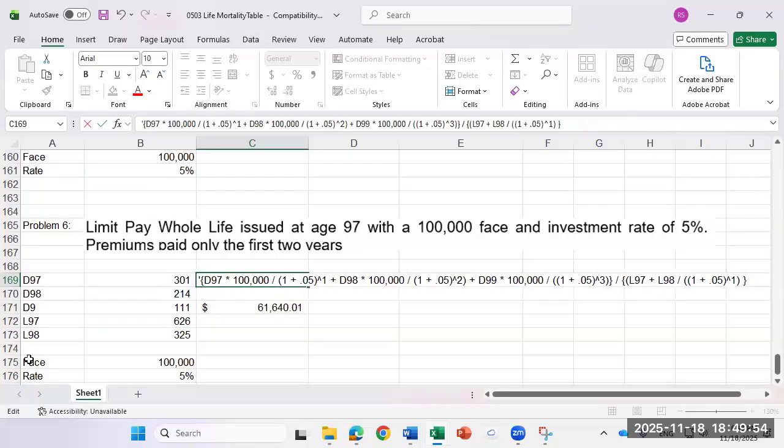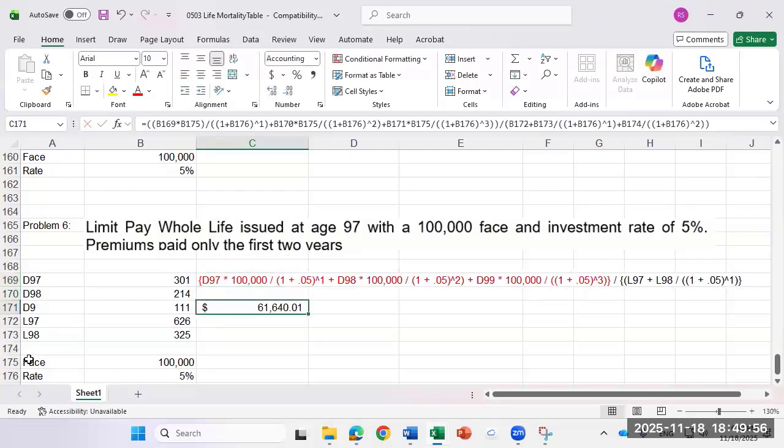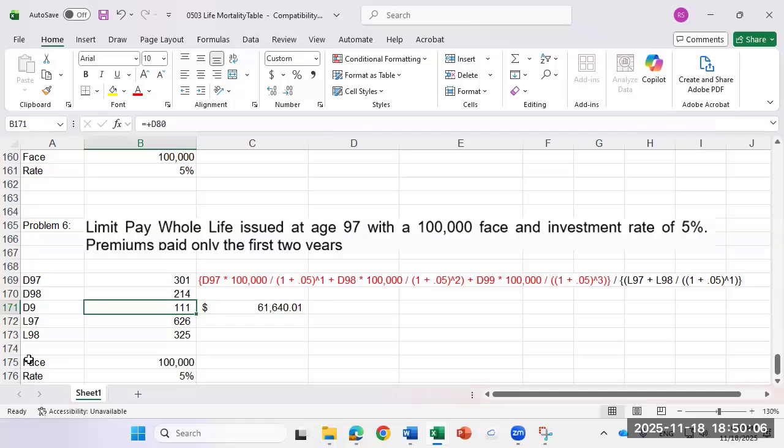And the premium goes up quite a bit, 61,640 instead of 55,000. You might think, well, that's not much of a difference, but the reason for that is there's only 111 people at the end to pay that last premium. So you already paid 5/6 of the people a death benefit by the time that last group pays.